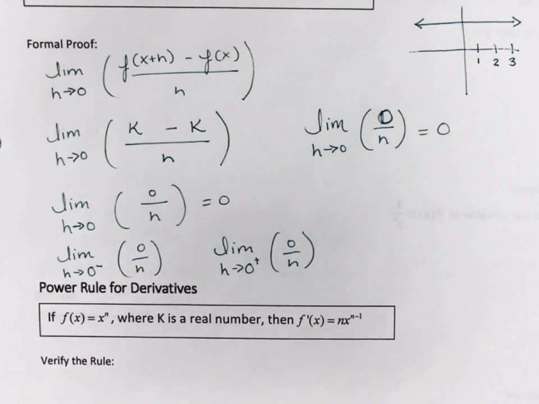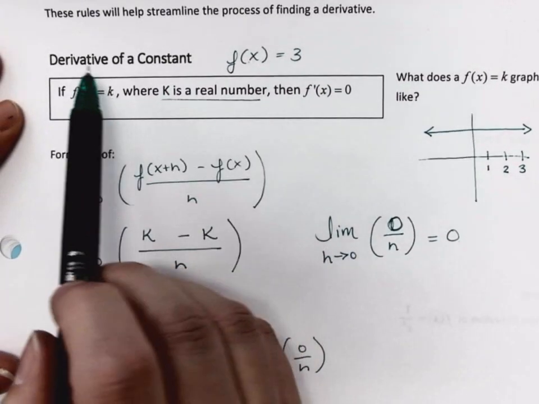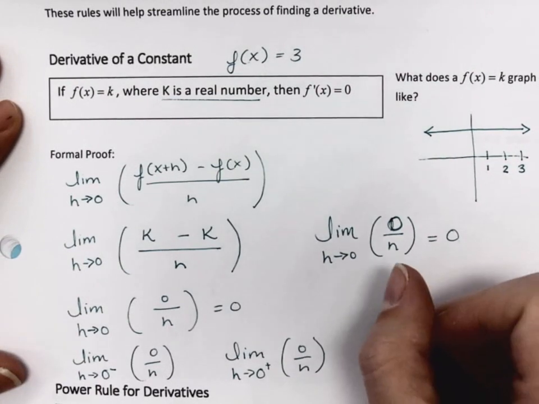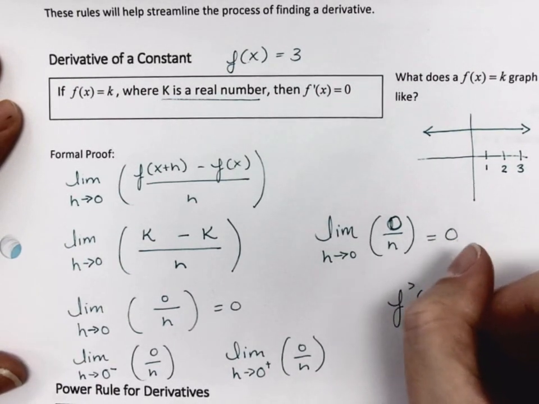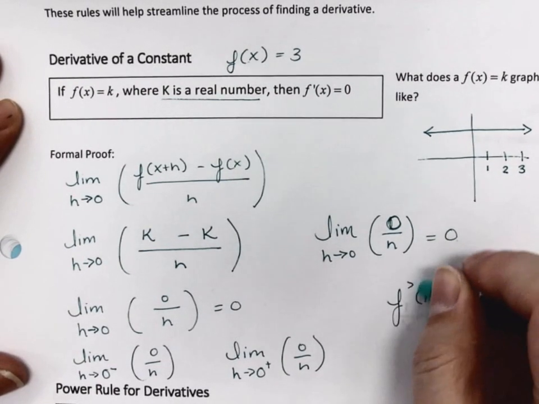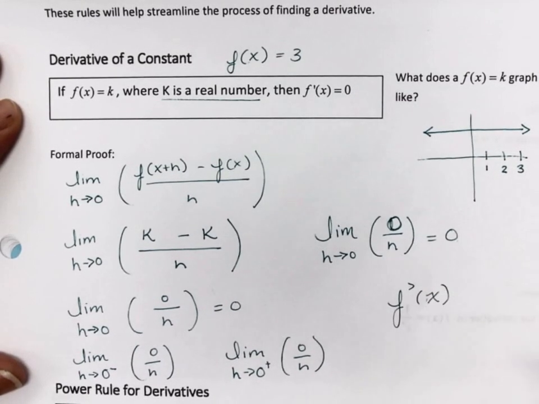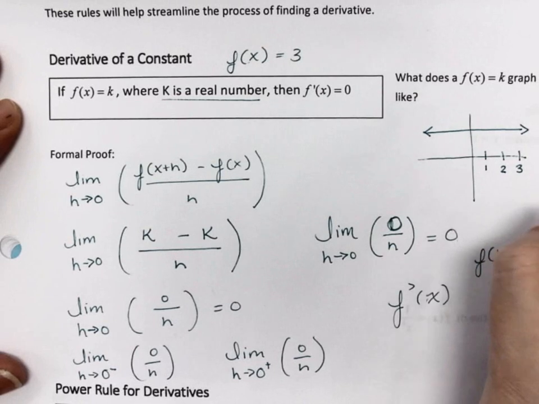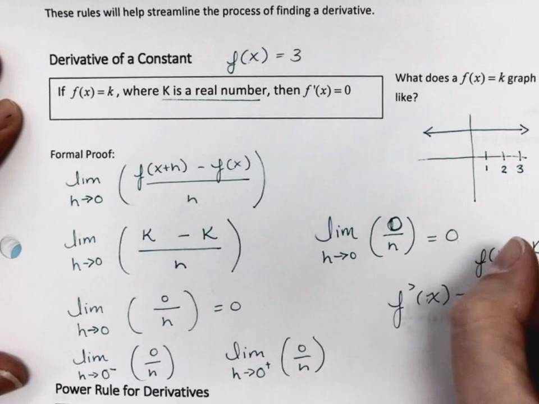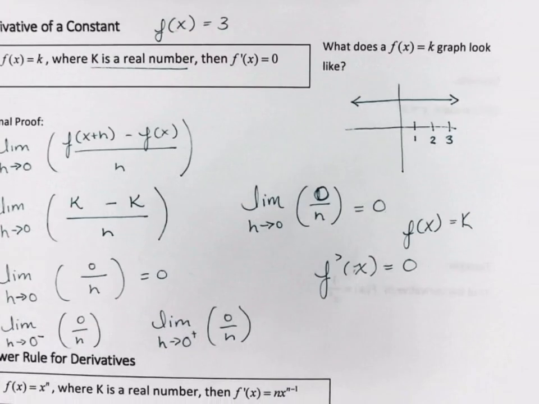So what you need to know is the derivative of a constant. We know f prime of x, where f of x is equal to k, is going to be 0.